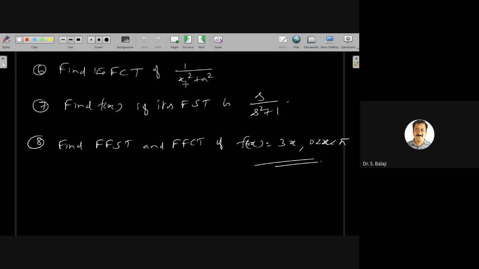Seventh problem, find f of x if its Fourier sine transform is s by s square plus 1.